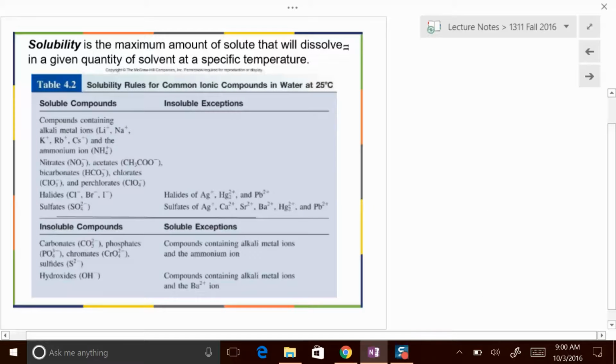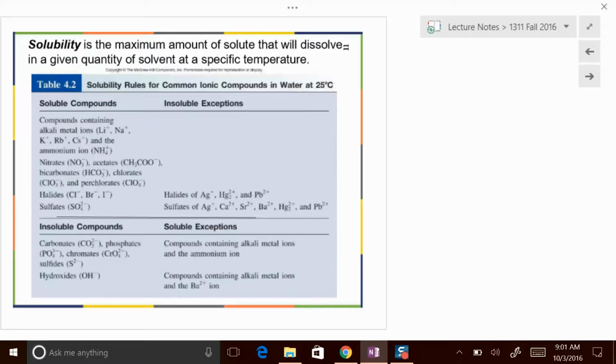Okay, this is the chart that will facilitate you predicting whether something is soluble or insoluble, which means whether it is a precipitate or not. So if it is a precipitate, that means it is insoluble. If it is not a precipitate, that means it is soluble.